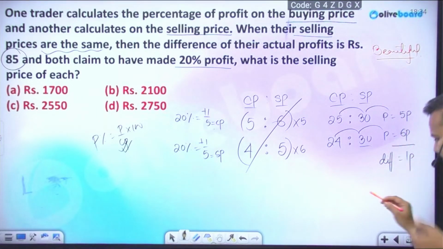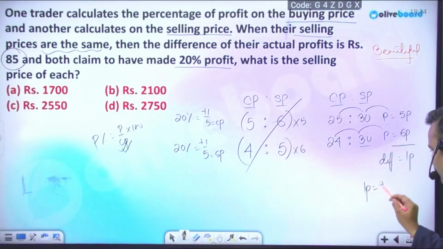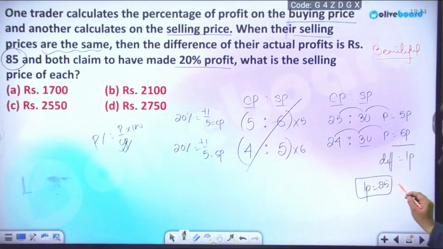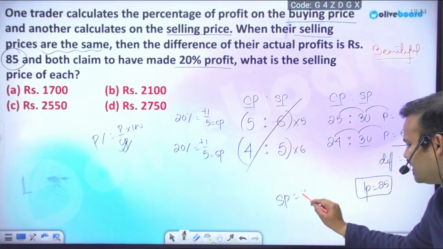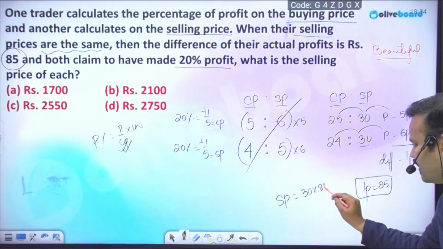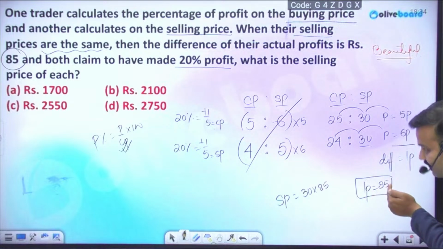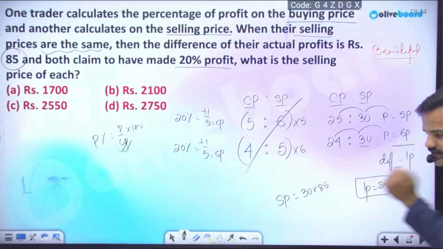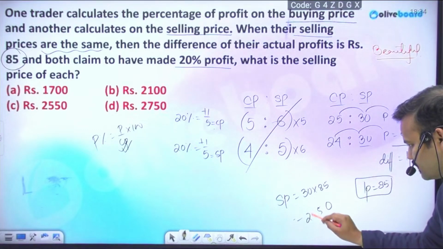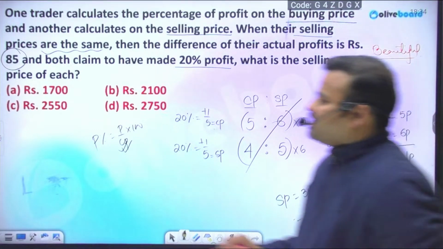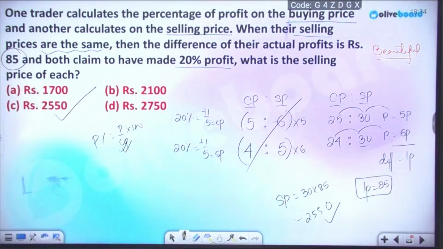So this difference of 1 is representing 85. So 1 unit is 85. So what is the selling price of each? The selling price of each is 30. And if 1 unit is 85, 30 units will be 85 times 30. So 2550 will be the selling price.